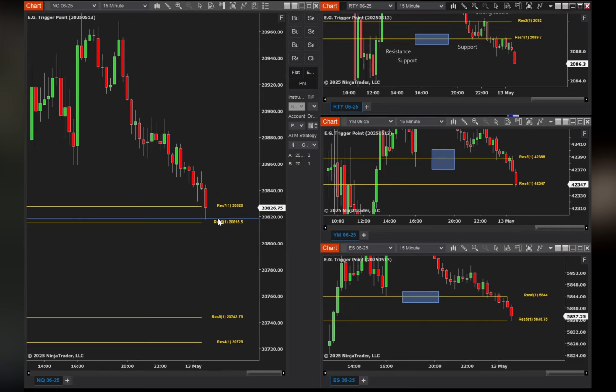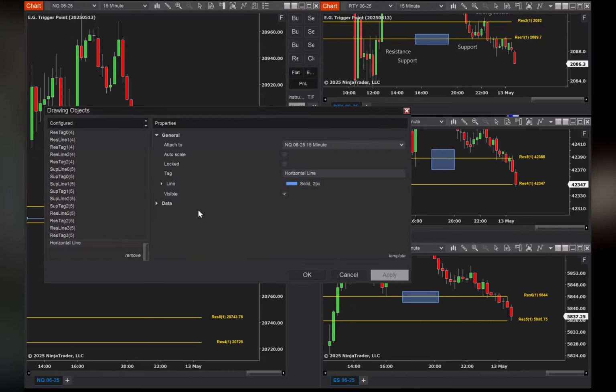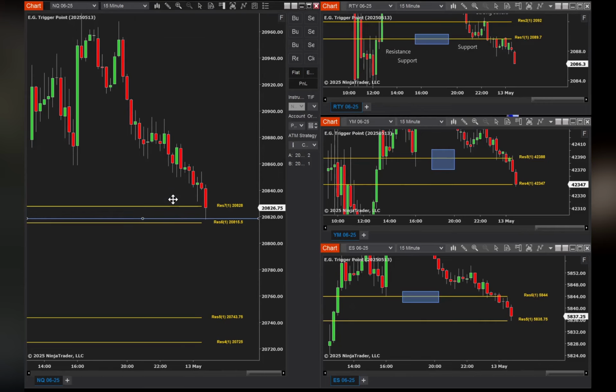So why did I take this short? I identified an intraday support equivalent to 3 instruments. It's just a matter of time until NQ breaks and gives me a beautiful opportunity where my profit target would be ES, YM, or RTY.